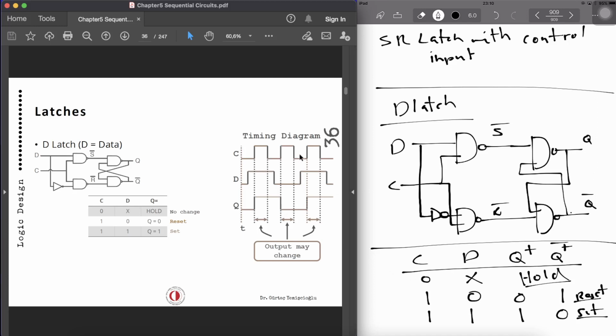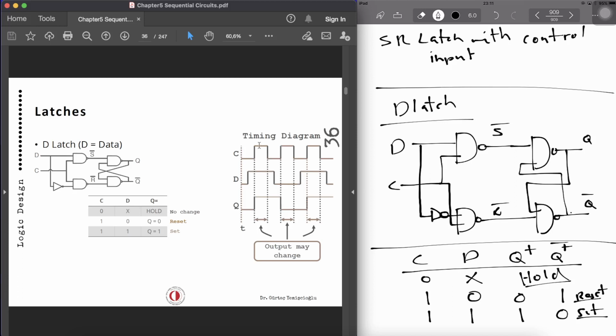Then control input is 0, so the circuit is inactive. We have 0 in the previous output, so that will be reflected to the next one as well. And the last one, control input is 1, D is 1, then output will be 1. So you can see that output is following input D when control input is 1.